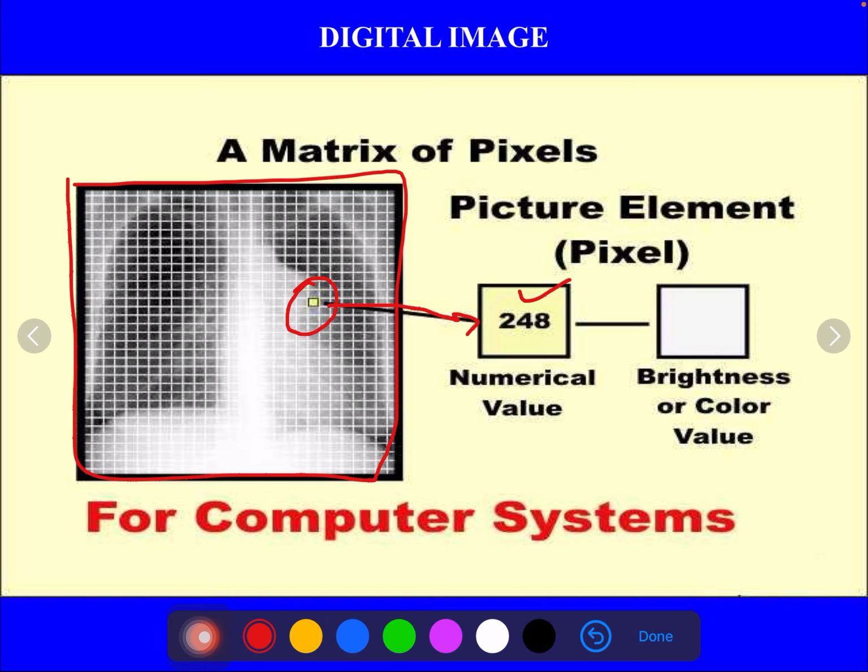These are designed for computer processing and manipulation, otherwise they are very difficult for computers to process. Any picture is always converted into a matrix of pixels. These elements are called pixels.